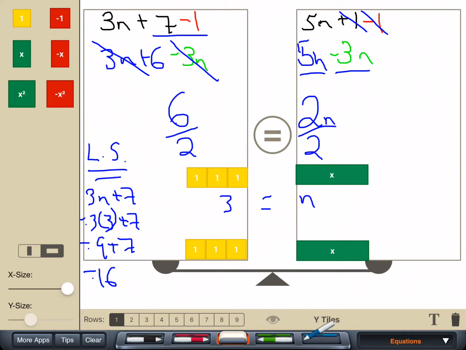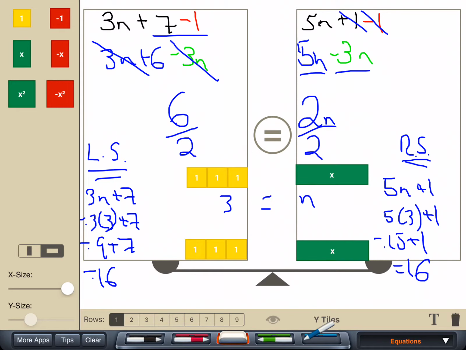And let's go over to the right side. We'll have 5n plus 1, 5 times 3, because n is 3, plus 1, that's 15 plus 1 equals 16. My left side equals my right side, so I know that I've solved it correctly and n is 3.